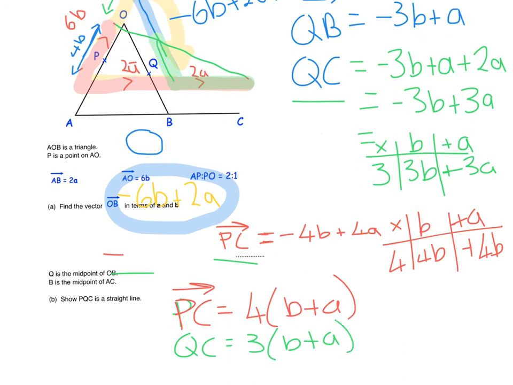So I can see they have something in common, which means they're scalar multiples of each other. Which means they're on a straight line.